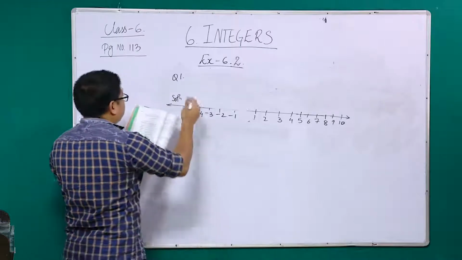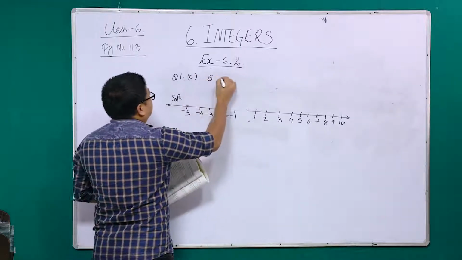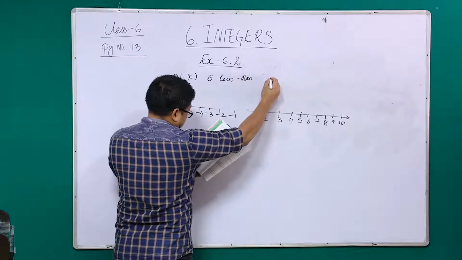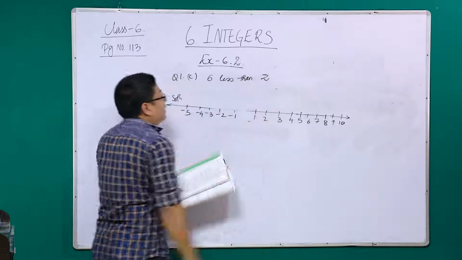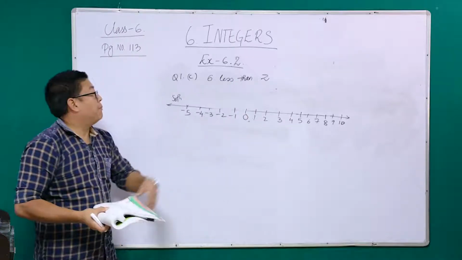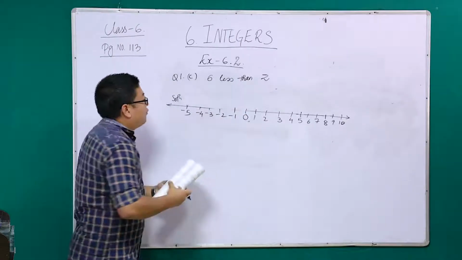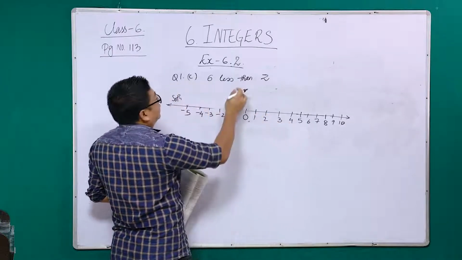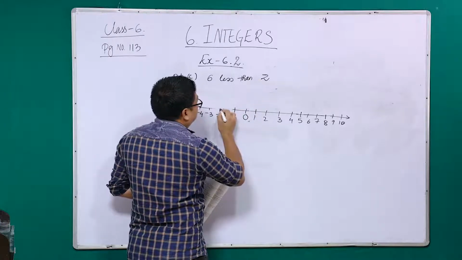Similarly, the next question, C. 6 less than 2. Now when we talk about less than, it means minus, right? So first we will locate 2.